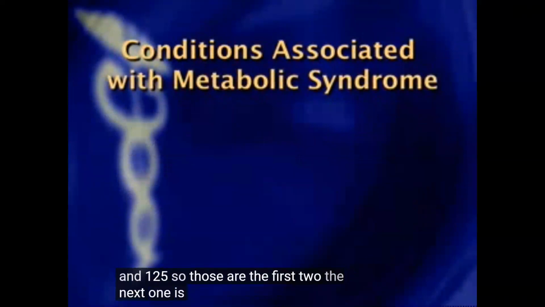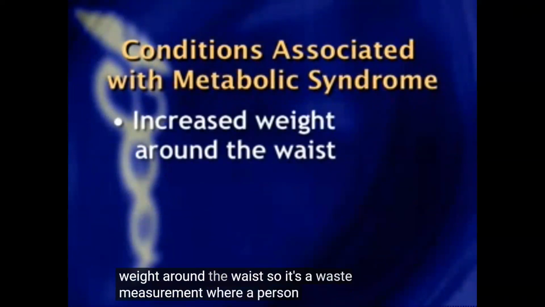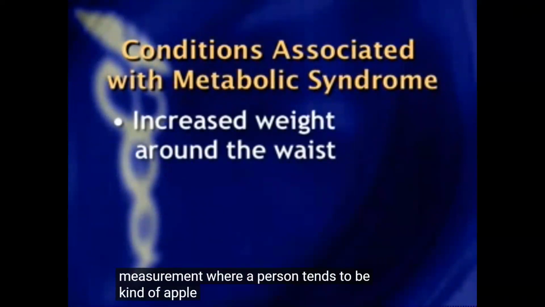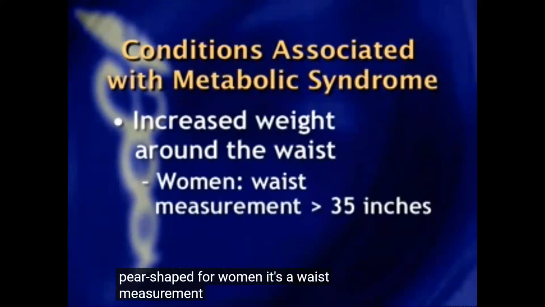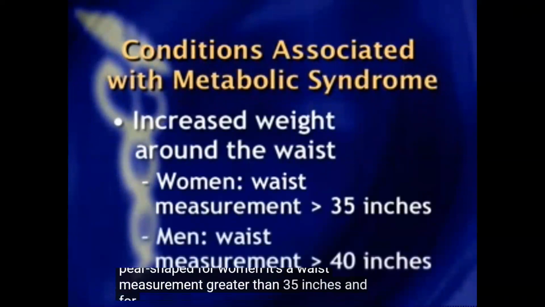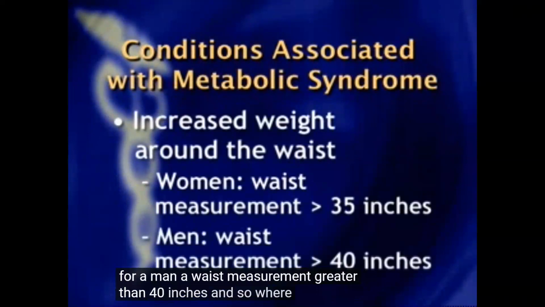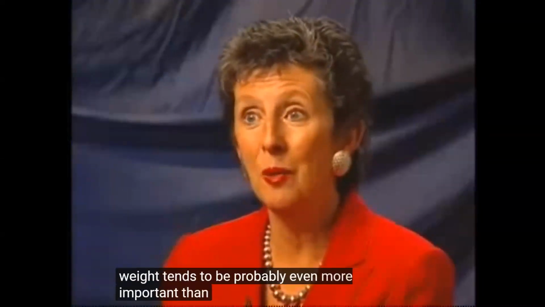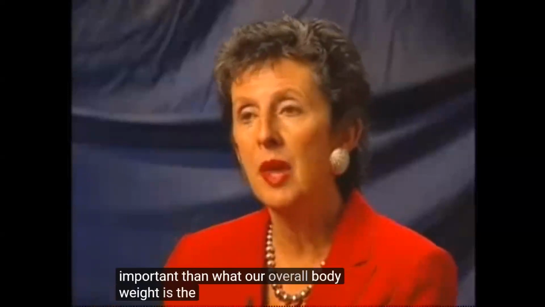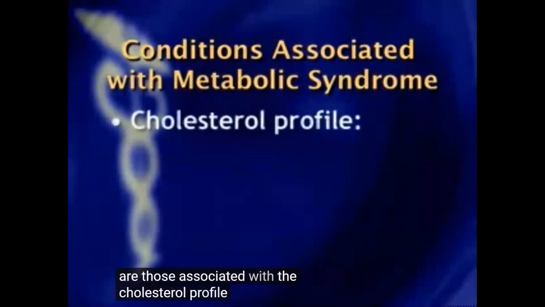The next one is a tendency to carry one's weight around the waist. So it's a waist measurement where a person tends to be kind of apple-shaped rather than pear-shaped. For women, it's a waist measurement greater than 35 inches, and for a man, a waist measurement greater than 40 inches. And so where we carry our weight tends to be probably even more important than what our overall body weight is. The last 2 characteristics are those associated with the cholesterol profile.